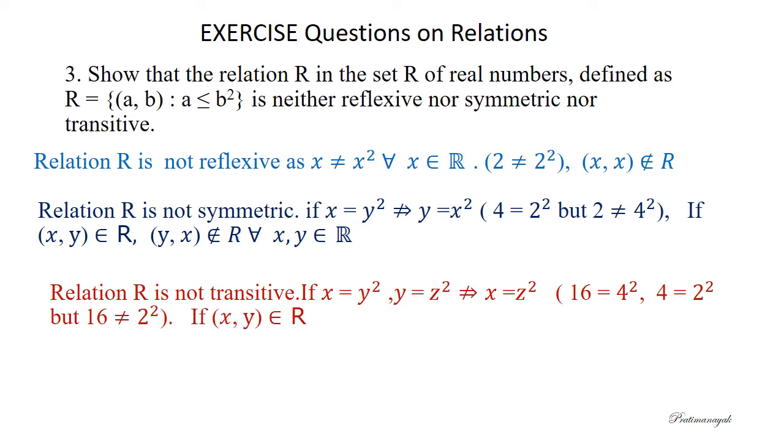So if (x, y) belongs to R, (y, z) belongs to R, but (x, z) does not belong to the relation for all x, y, z belonging to the set of real numbers. So it is neither reflexive nor symmetric nor transitive.